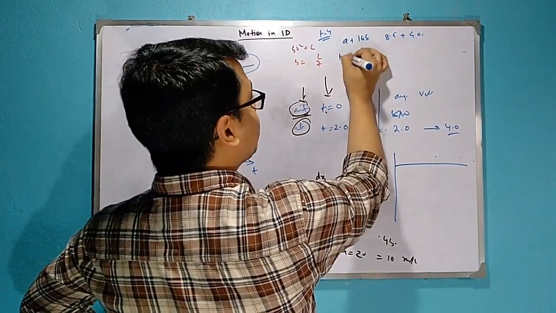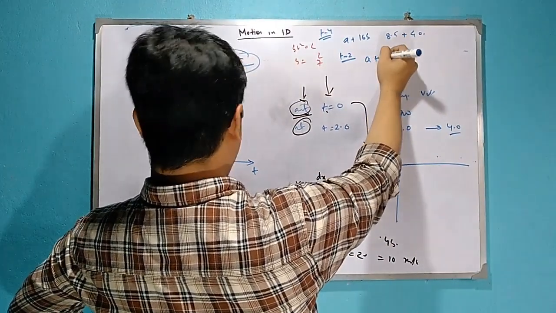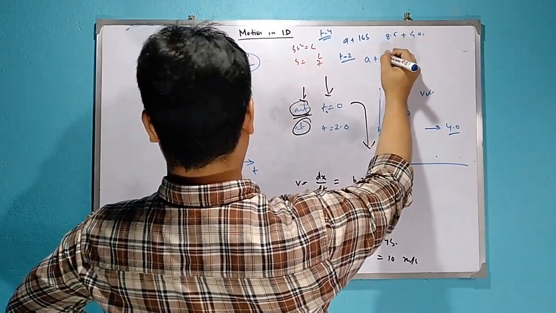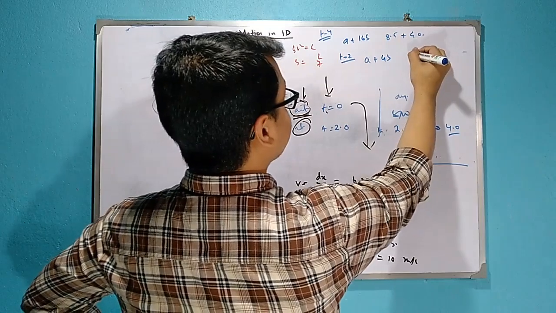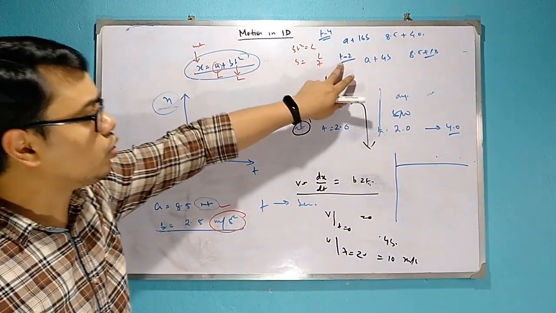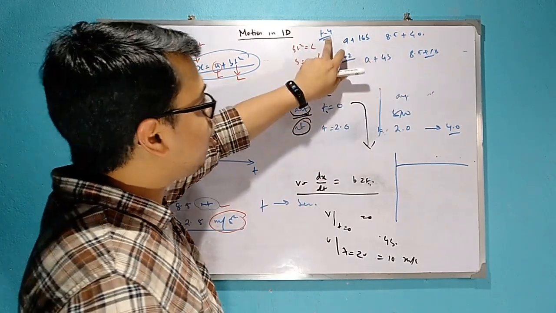At t = 2, it is at a + 4b, that means 8.5 plus 10. At t = 2 it is at this point, and at t = 4 it is at this point.